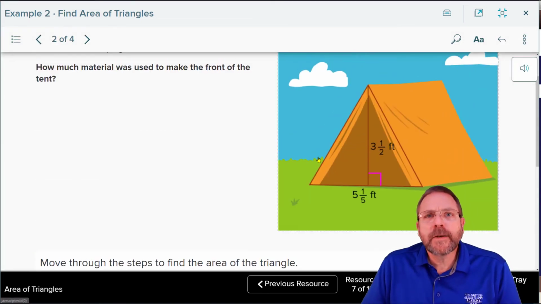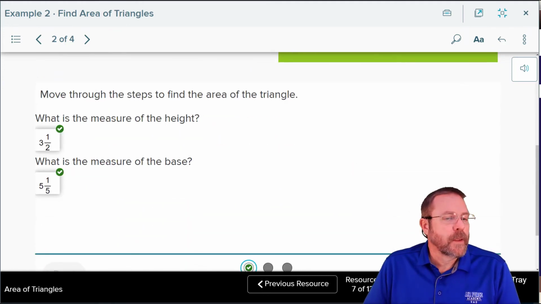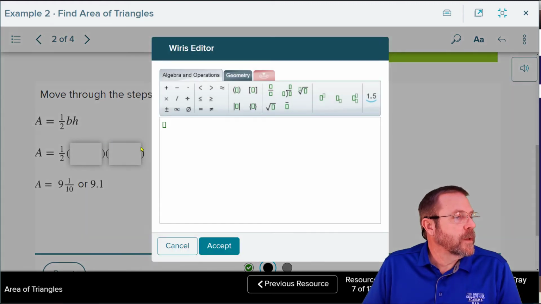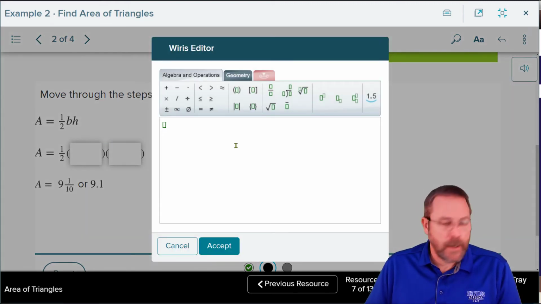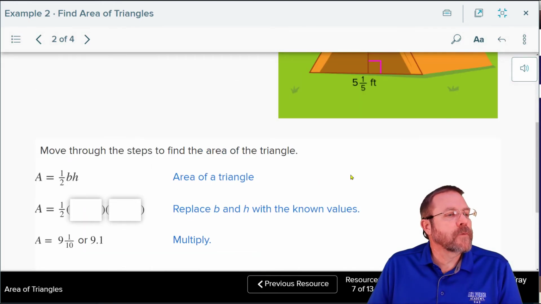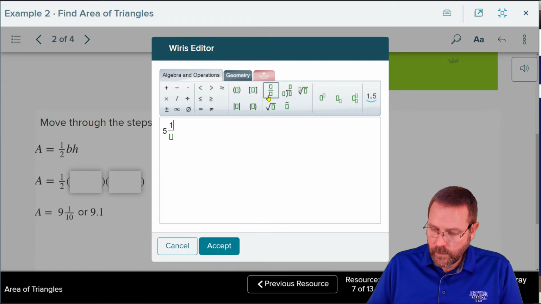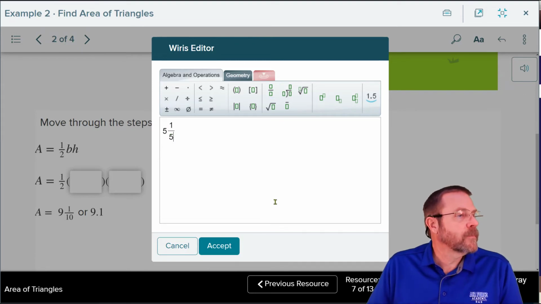So now we have identified the base and the height for finding the area of our tent face. Now from there, we're going to plug it in. So once again, the base is 5 1/5, so we're going to plug in a 5 fraction bar 1/5 here.